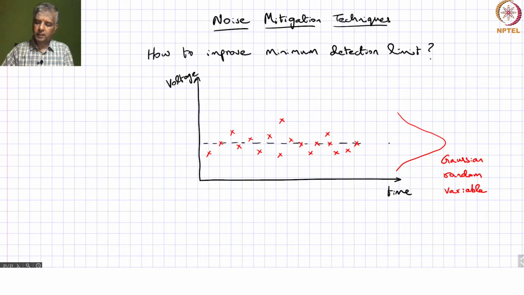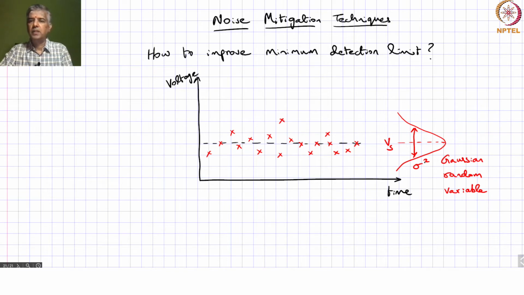So we know that this would correspond to some mean. We can call that Vs, corresponding to the mean of all these samples, and it's also characterized by a certain variance, which is what we were looking at previously as sigma square.